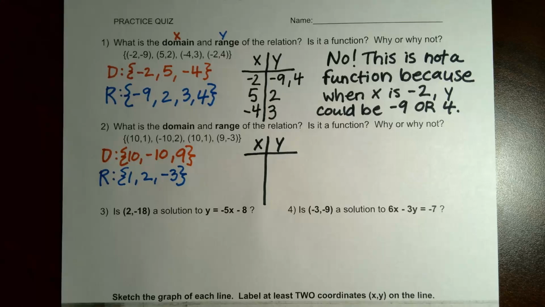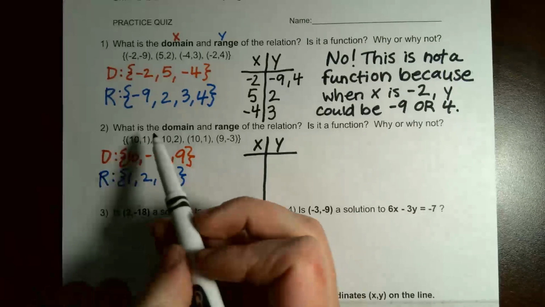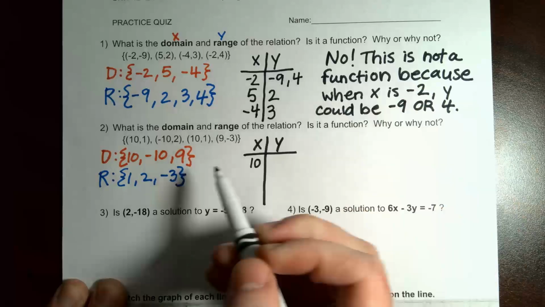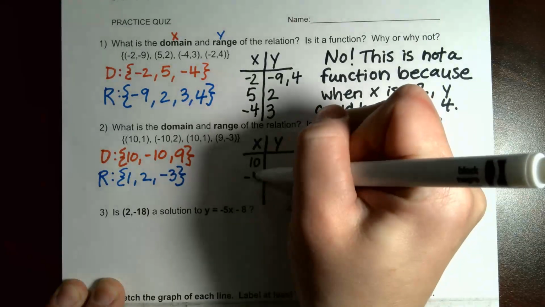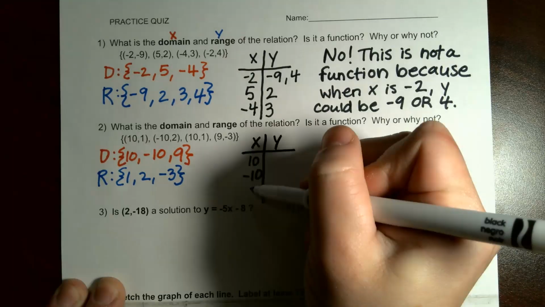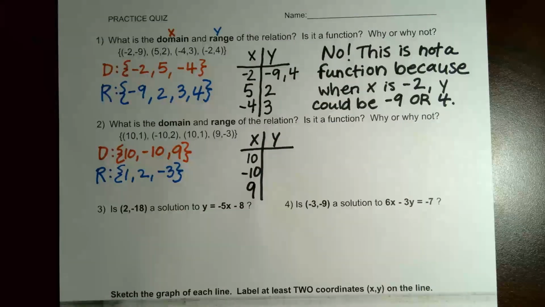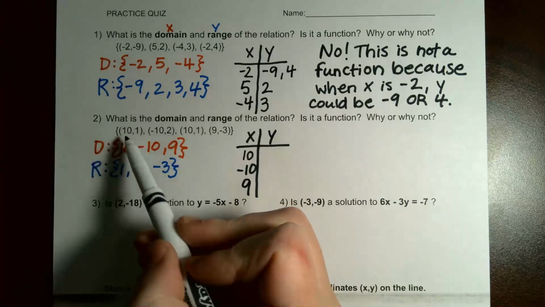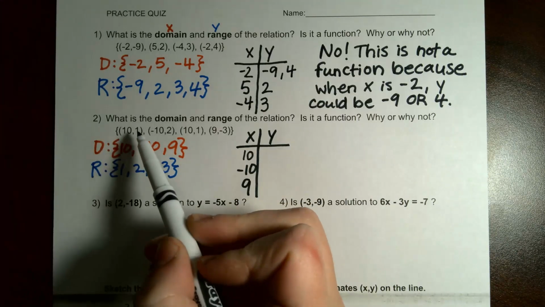So, let's look at all of our x values here. We have 10. I'm going to write that one. We have negative 10. We have another 10. We don't need to write that again. We have 9. All right. Let's look at the corresponding y values here. When x is 10, y is 1.